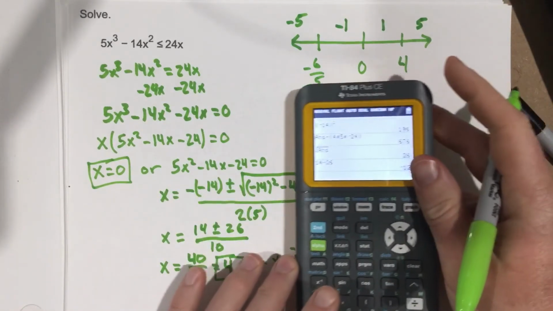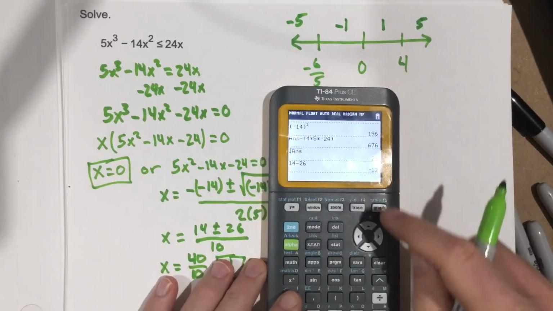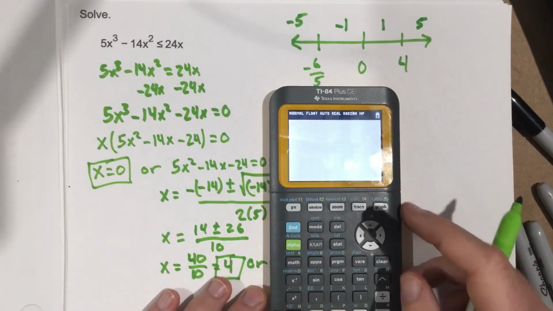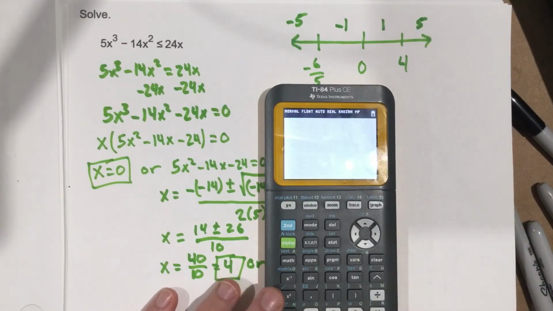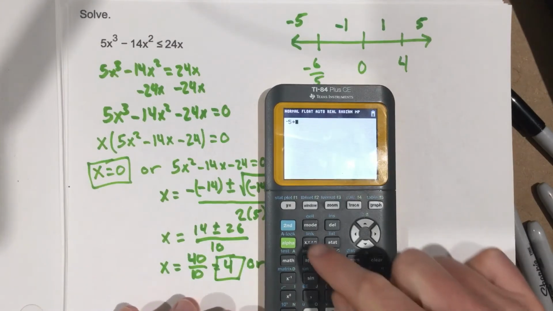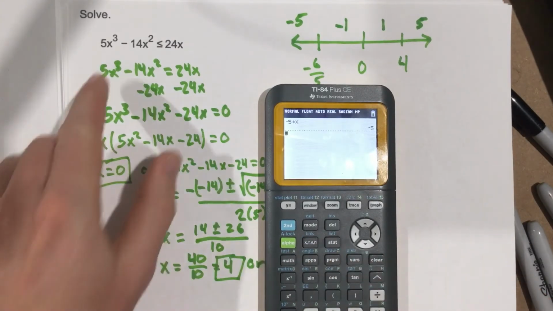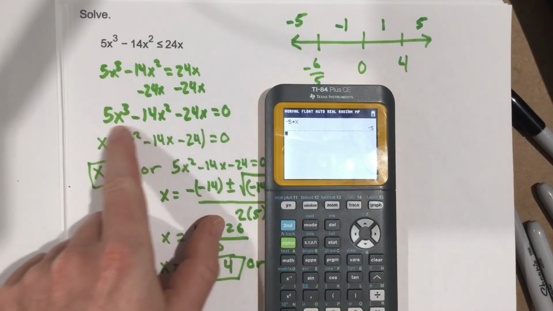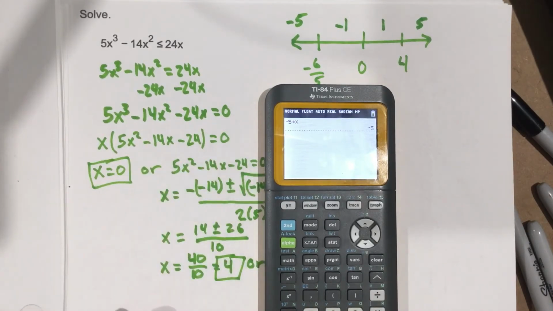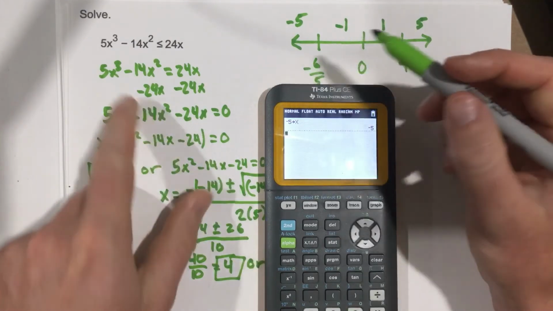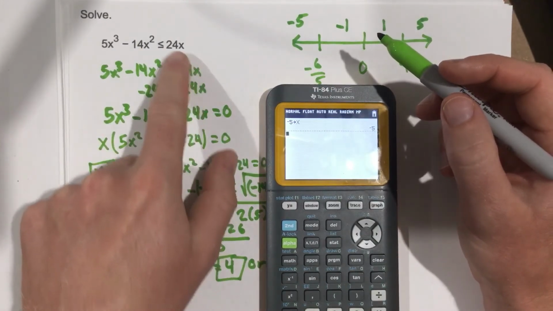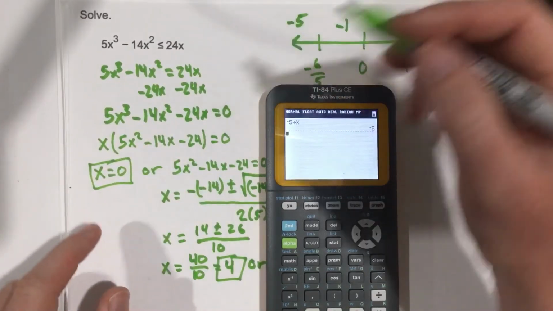And now I'm going to use my calculator to do most of this work. So we're going to store negative 5 as x, and type in this equation, the one that's equal to 0. If we put the inequality sign, so if we just subtract 24x over, I'm going to write this up above.